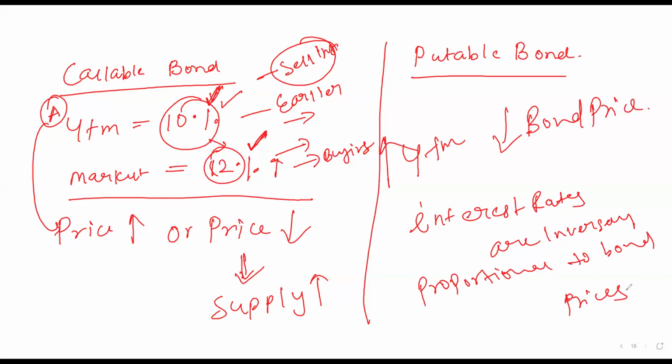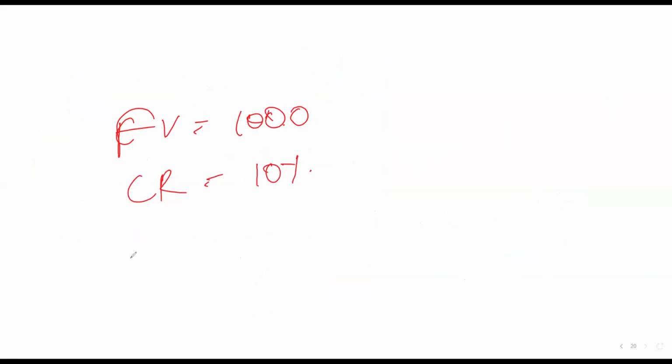Try to do this as an exercise at home. Consider this as homework. Consider a bond with the same face value, 1,000, with coupon rate 10%, NPER 3 years and annual coupon payment.